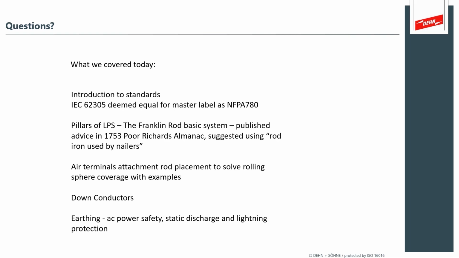If you can't install an air terminal to get it above those sort of victims, then you need to bond them. And what we see in some NFPA systems is they're basically using that vent and installing a bonding conductor as a mesh, maybe a cross conductor, and then putting a tip on it.